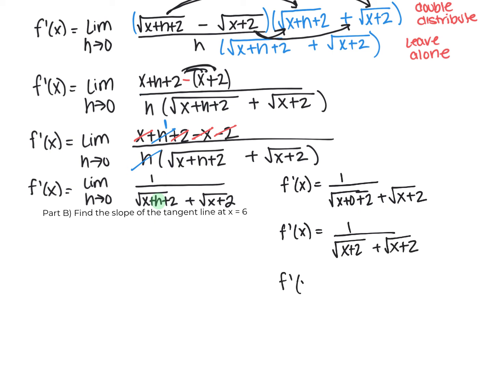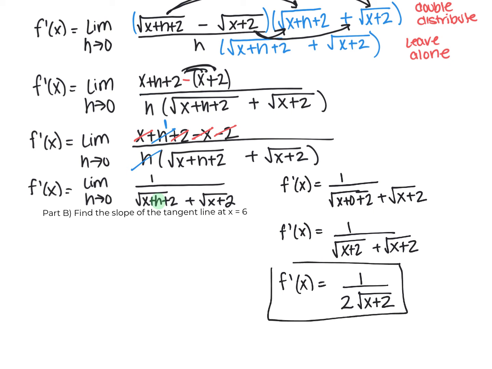And when we add radicals that are the same, we just make it 2 radical x plus 2's. So this is my derivative equation. And this will allow us to find the slope of the tangent line at any x value.